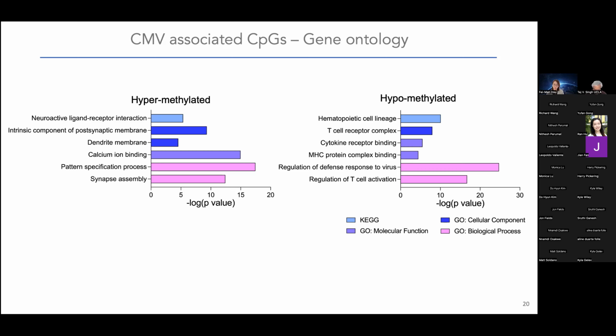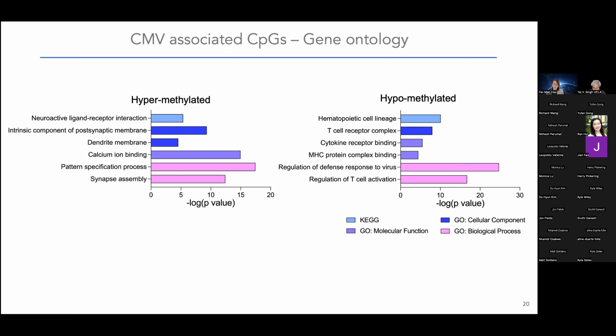They are all neural related, and we might find the mechanism through epigenetics, which means these group of genes are methylated after CMV infection.